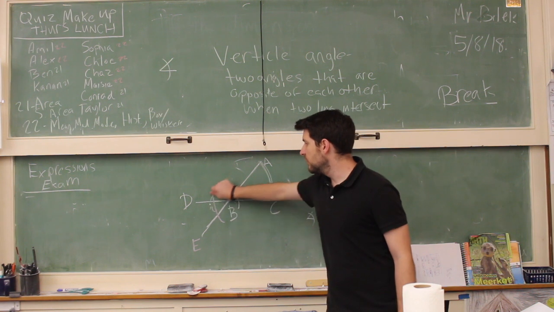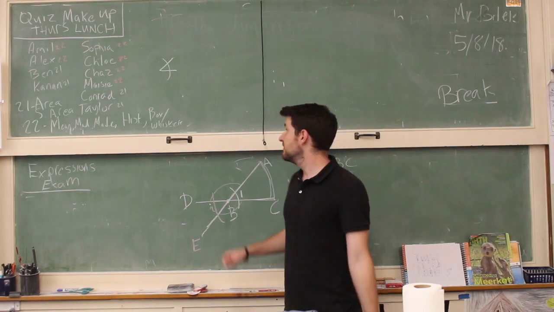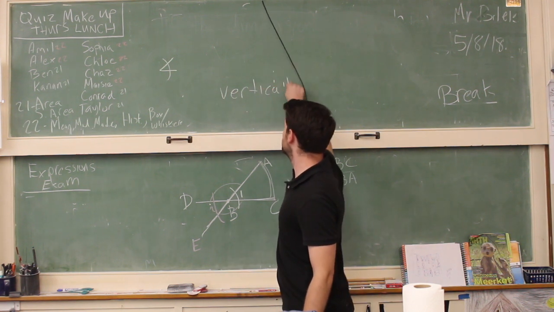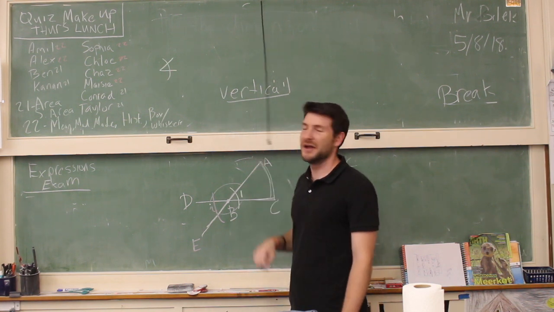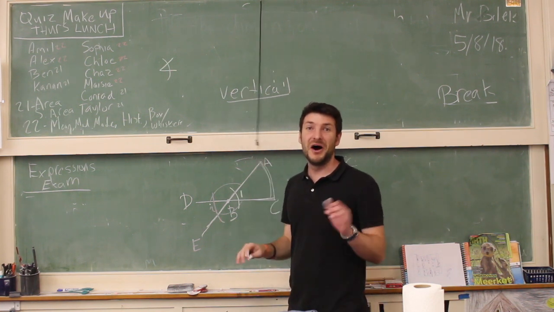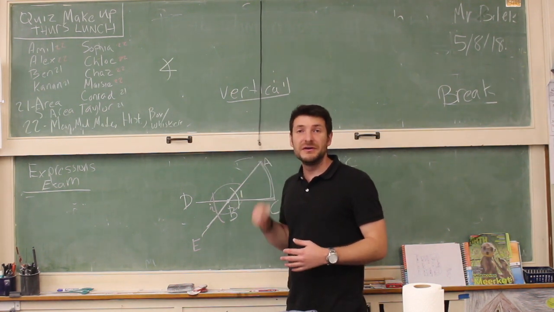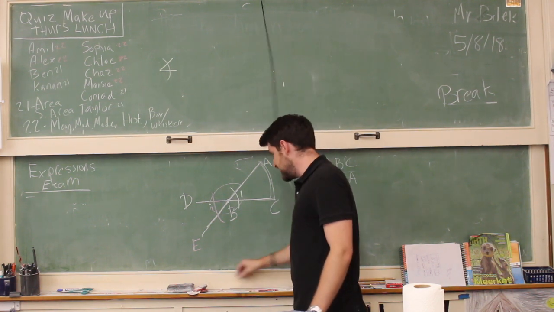These are also vertical angles. Sorry about that. Vertical. That makes more sense. Vertical angle. Sorry about that. All right. Now that we fixed that, vertical is one type of angle. The other one is an adjacent angle.